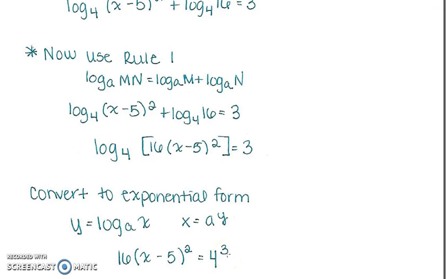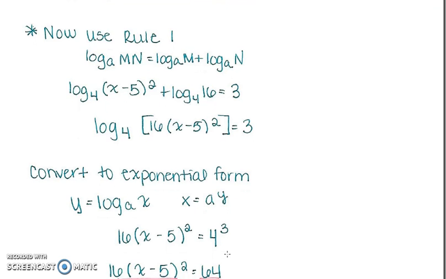So now we are simply trying to solve for x. The next step is we take 4 to the third, which is 64. So now our expression says 16 times (x minus 5) squared equals 64. What can we do?